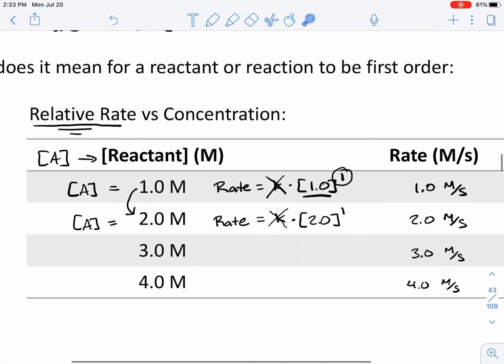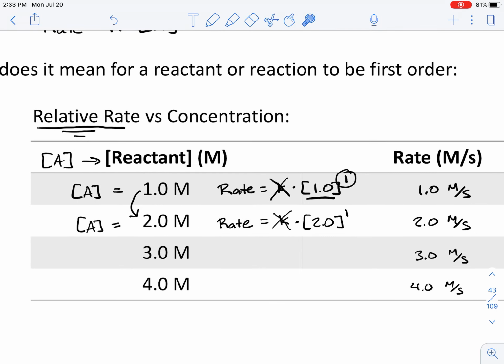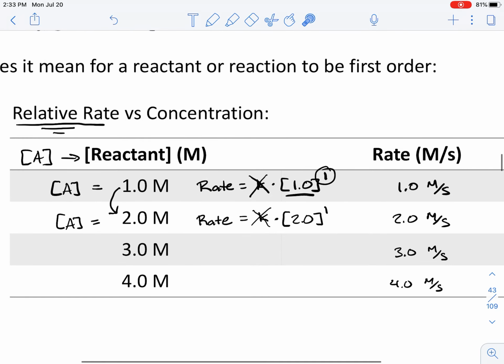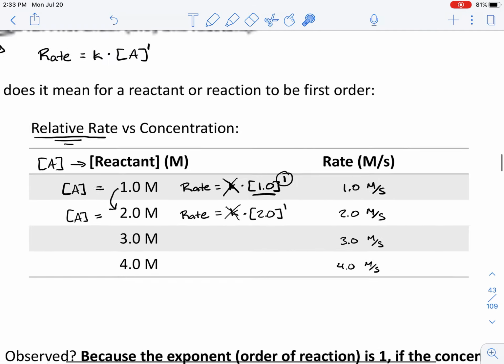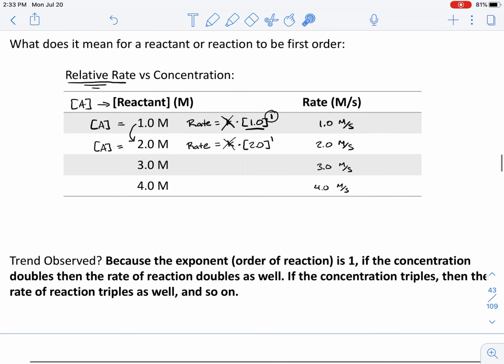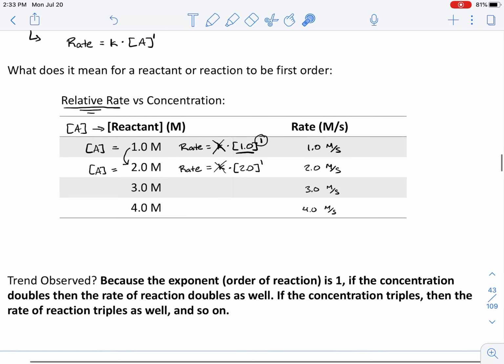And so if a chemical reaction behaves in this manner, such that doubling the concentration doubles the rate of reaction, then it's following first order kinetics. I wrote a little blurb here that you can go ahead and read.